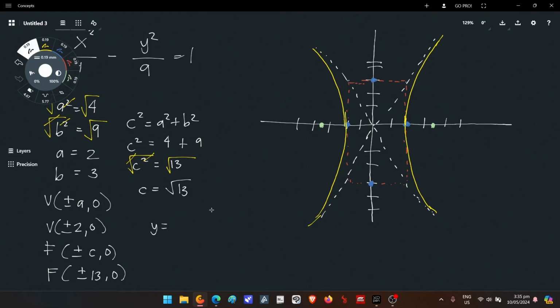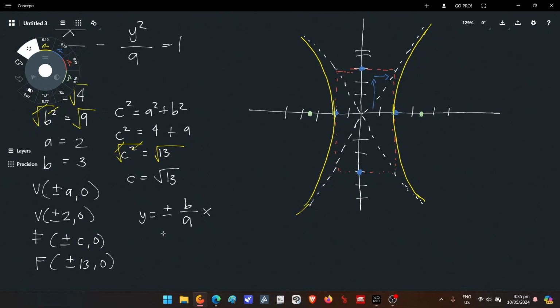We need to get to here. So it's 1, 2, 3, that's rise, and 1, 2, that is run. So this is rise, and this is run. That's basically positive, negative, and this is b, because this is the b value. So it is b over a x. So that is how you find the asymptote.